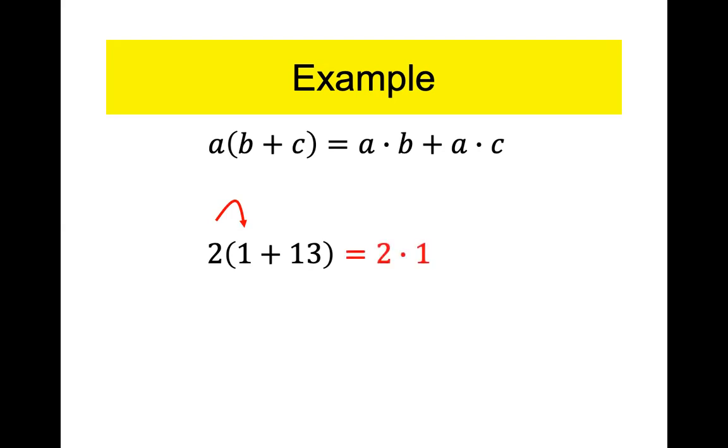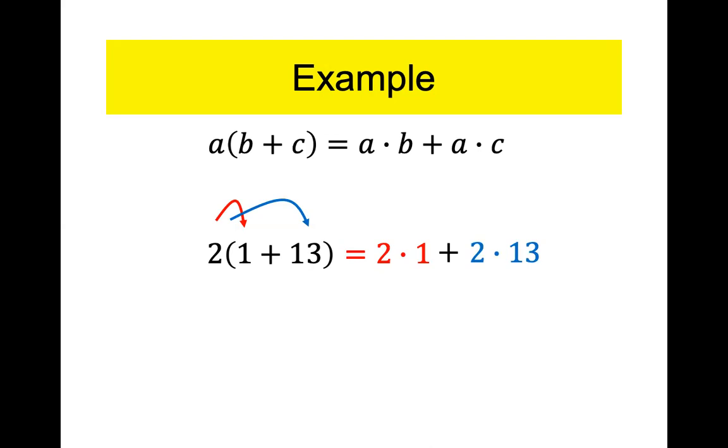Most people don't write it out. They just write the answer, yes? Plus, this times this, A times C. This time, I'm distributing the 2 to everything on the inside. I'm going to give the 2 to 1, plus I'm going to give the 2 to the 13. But I'm going to use multiplication.